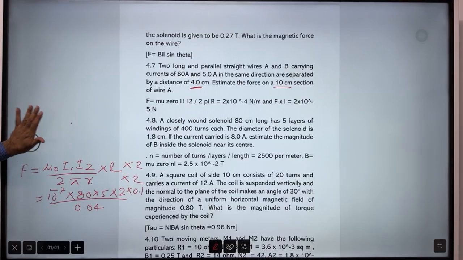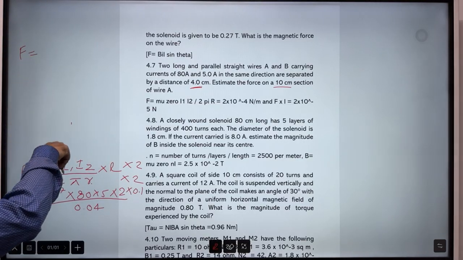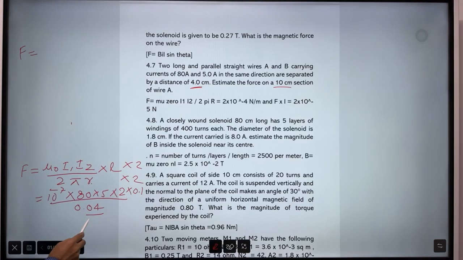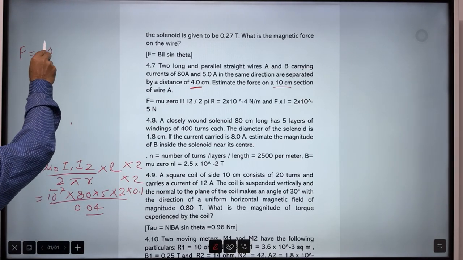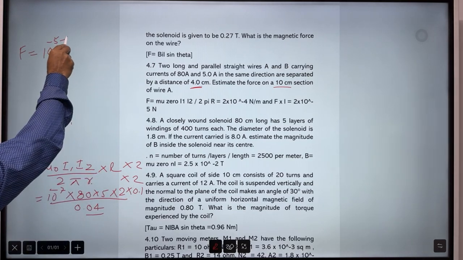F equal to... from here the power 2 will get reduced, so it will become 10 power minus 5, and then 1 more power will increase.